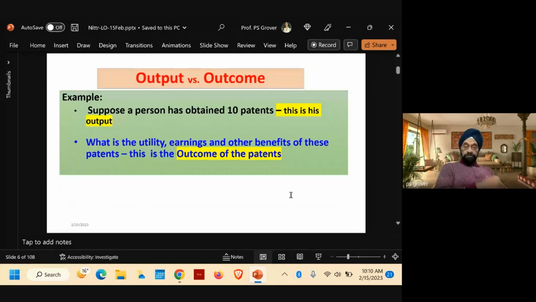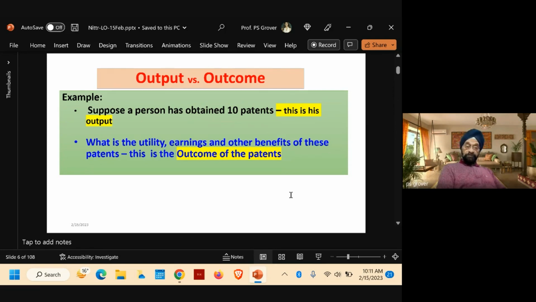So just to give you a view, what is the difference between output and outcome? Suppose a person has obtained 10 patents, this is output. He has obtained 10 patents, this is an output number. For example, in an examination, out of 100 students, if 80% pass, then we say 80% is the output.